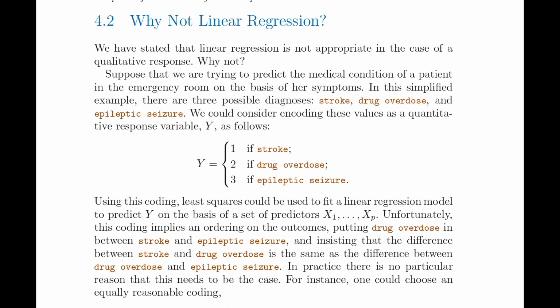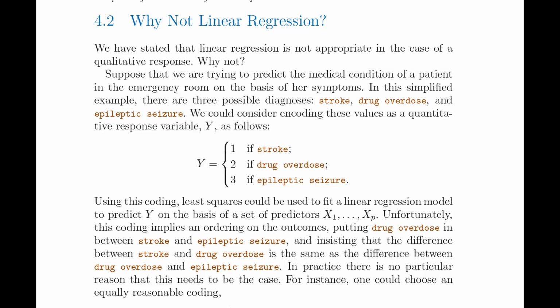So there's nothing stopping us from giving them a numerical value. Of course, I imagine the issue is going to be that since the model fits a line or a plane or whatever, if for a specific set of symptoms it gives you an output of 1.5, you can't really interpret 1.5, can you?